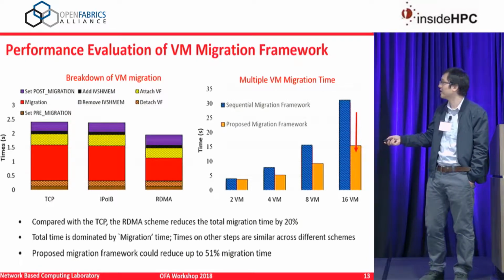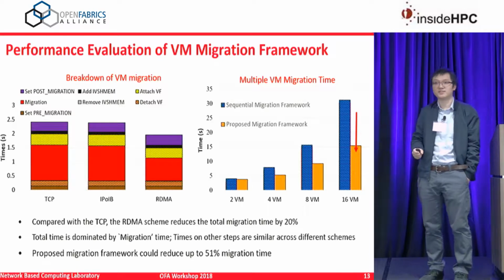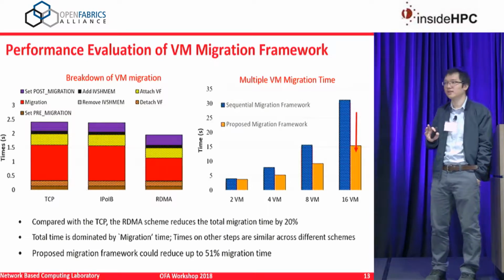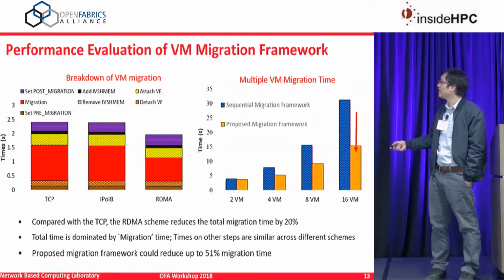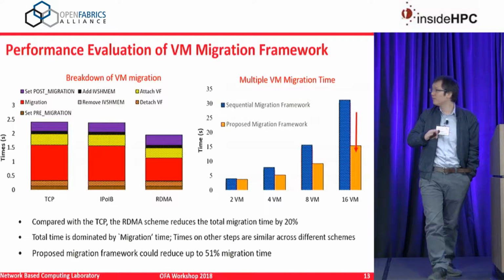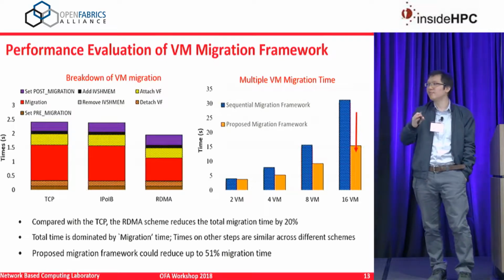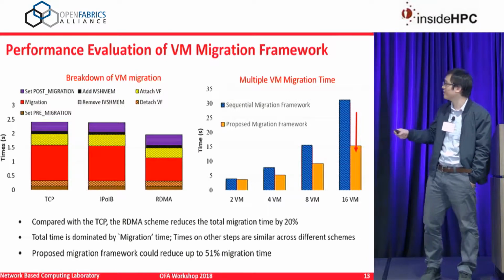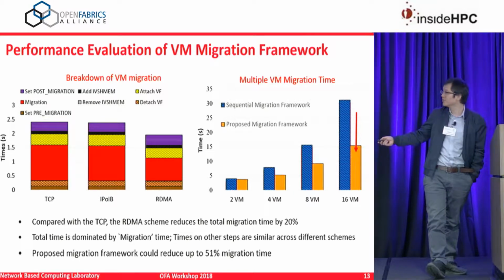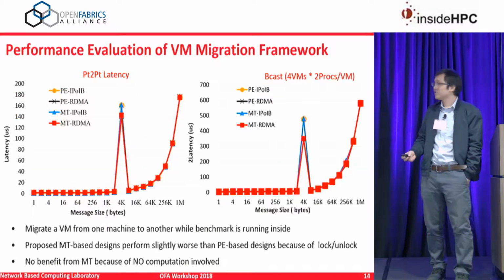It can reduce migration time by 20%. This is for 512 megabytes of virtual machine memory. Another thing I want to highlight is that with our container, we are able to do parallel migration. So you don't have to migrate virtual machines one by one. We can migrate the virtual machines in parallel, which can also reduce the time by about half. So that's the migration time.